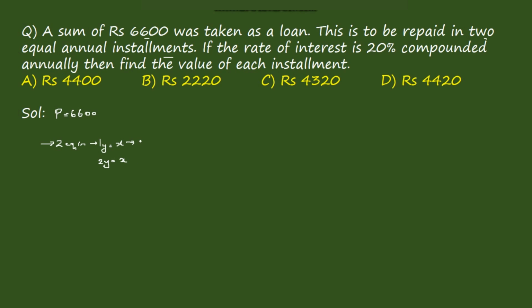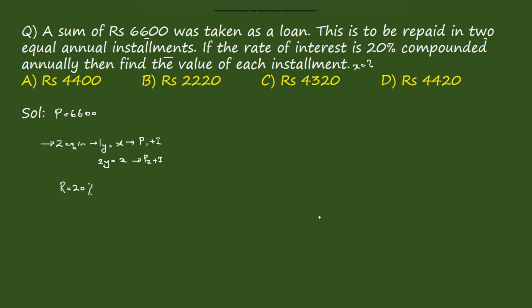Each will have some principal value P1 plus interest, and P2 plus interest. Again they are saying the rate of interest is 20% compounded annually, so R is 20%. Find the value of each installment. We have to find the value of x.